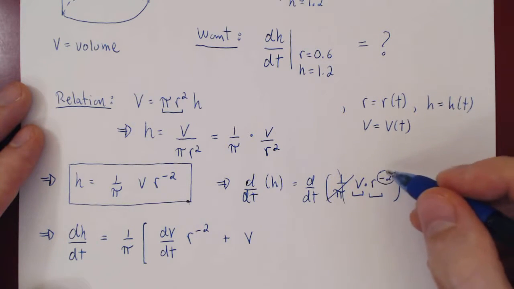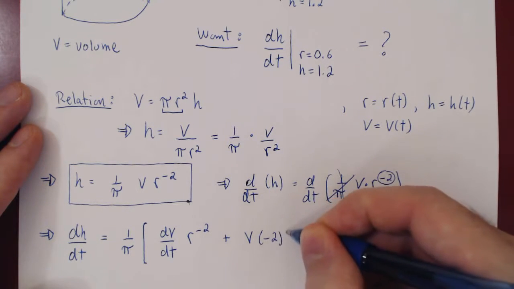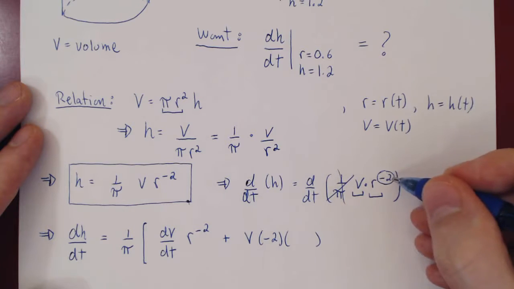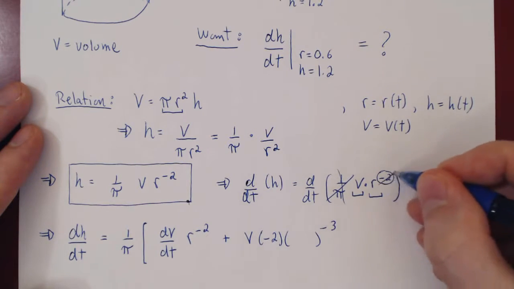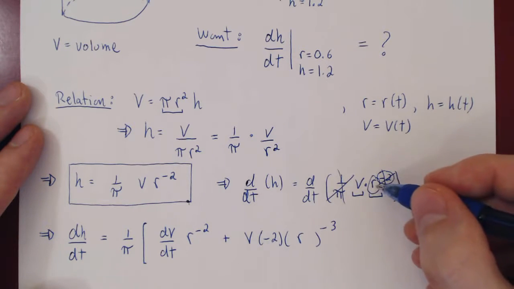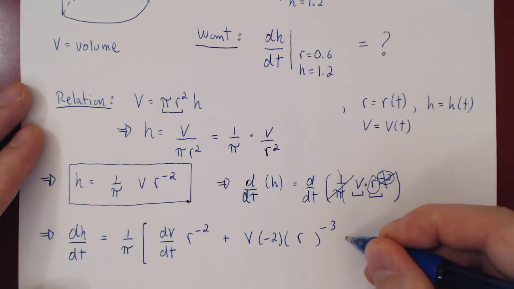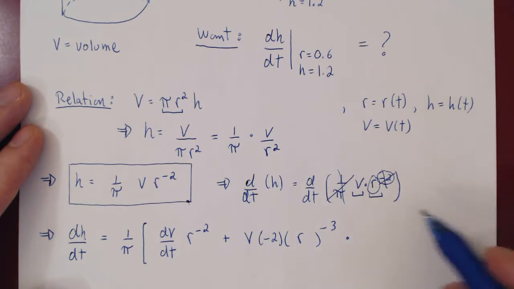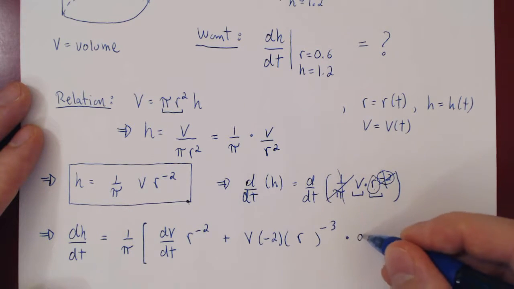The outside function is the power negative 2, so we bring it down, times negative 2. Negative 2 minus 1 is negative 3. Of what? Of what's left over, r. But there is an r left over. So we have to multiply what we have so far by the derivative of what's left over, and that is dr over dt.